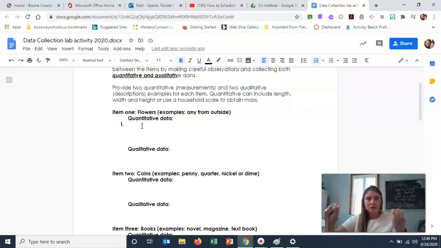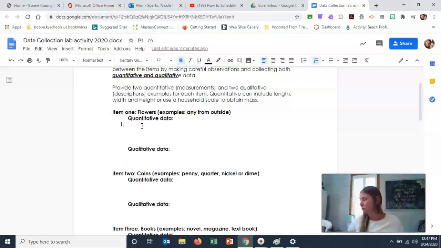Don't use inches, use centimeters. That's going to be really important. We're going to be using the metric system. Hopefully you have something like a measuring tape at home. If not, reach out, talk to me, we'll figure out something. Between something like this, you'll be able to get some good measurements.